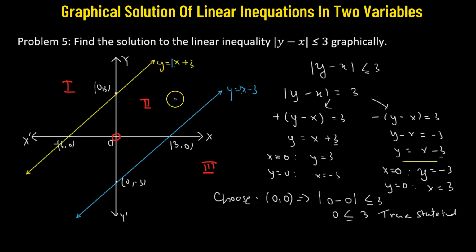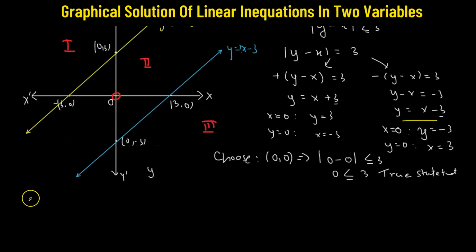Or what we can do, we can also separately solve each of the two inequalities. So let's say if we start with y equals x plus 3, we can have one set of linear inequality. Since we had y minus x less than or equal to 3, this is going to give us one inequality, y minus x less than or equal to 3.